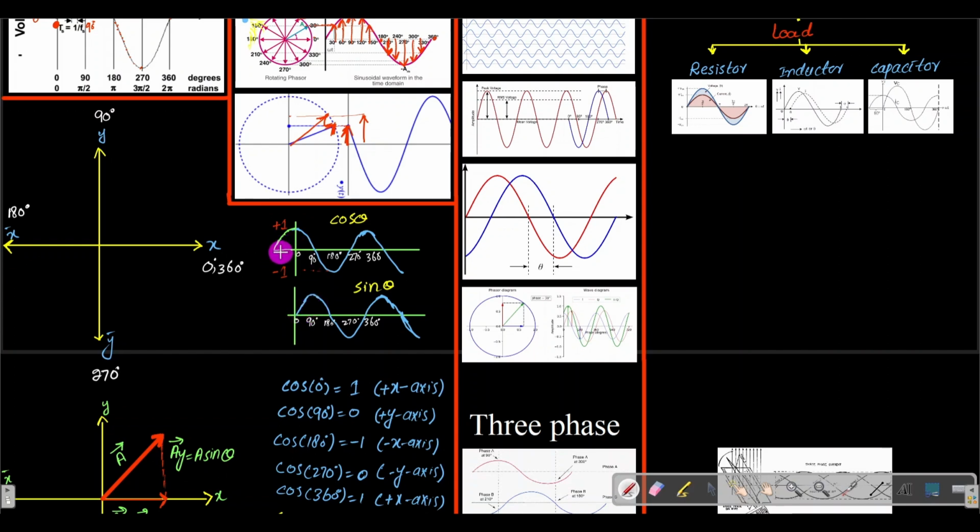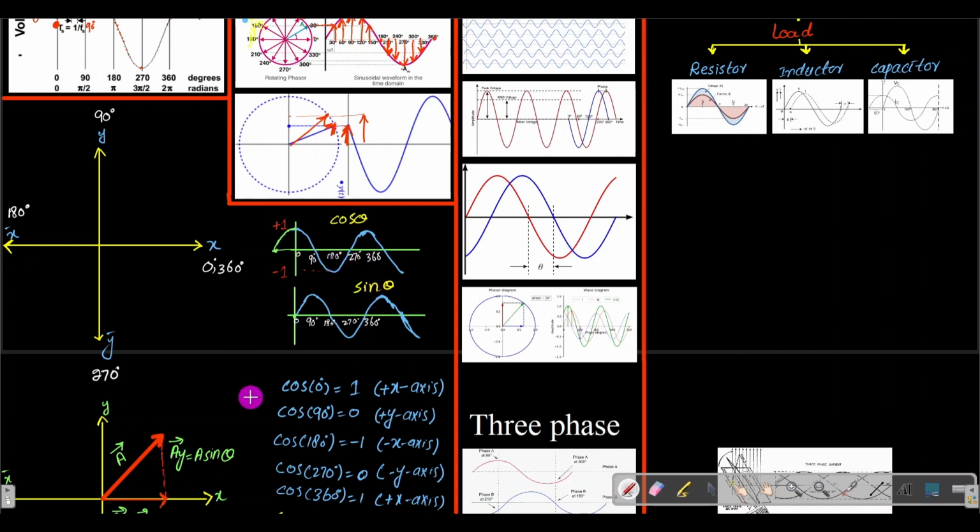So here the 0 of this cos theta is here, and here the 0 of this sine theta is here, okay. So its 0 position is leading the 0 position of this sine theta.